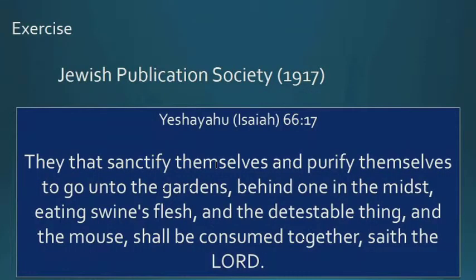Now here's the Jewish Publication Society, JPS, of the 1917 version, and it says, "They that sanctify themselves and purify themselves, to go on to the gardens, behind one in the midst, eating swine's flesh, and the detestable thing, and the mouse, shall be consumed together, saith the Lord."